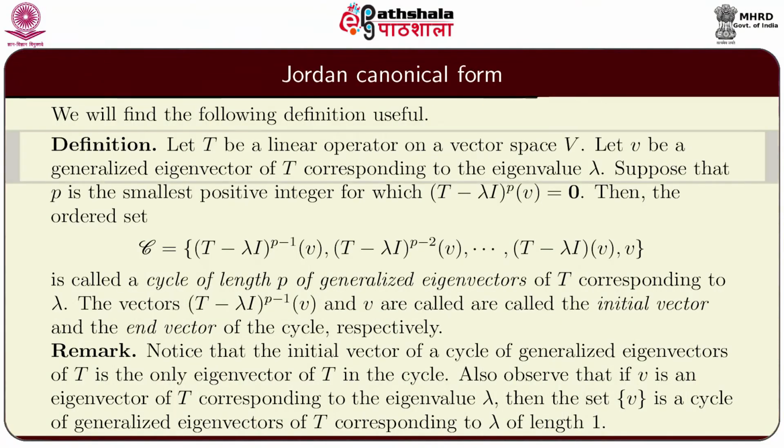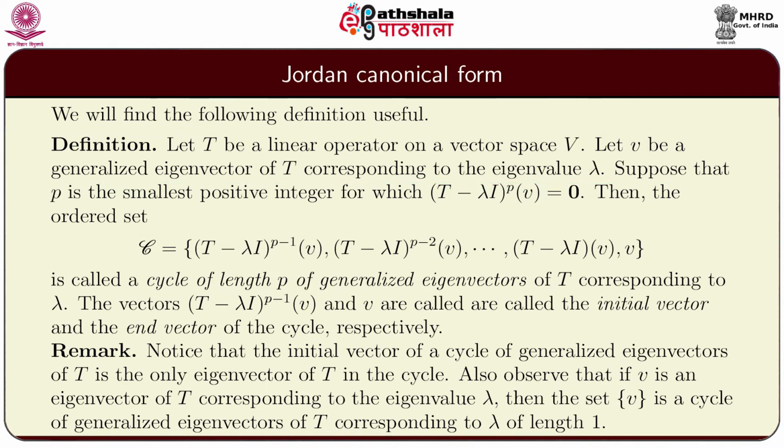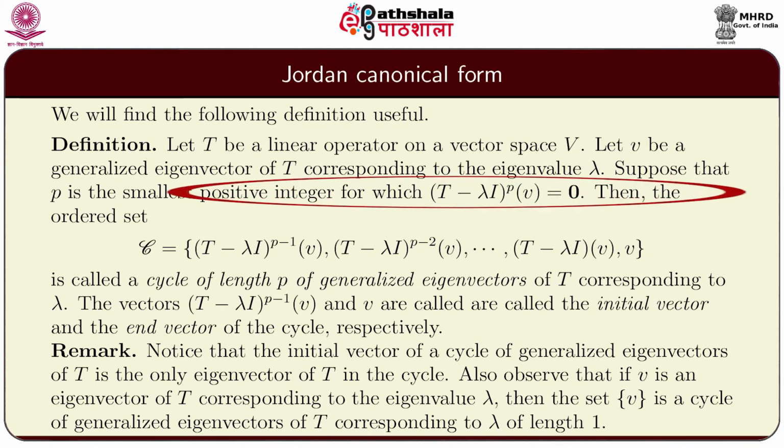Definition: let T be a linear operator on a vector space V. V is finite dimensional. Let v be a generalized eigenvector of T corresponding to the eigenvalue lambda. Suppose that p is the smallest positive integer for which (T minus lambda I) raised to p of v is 0.